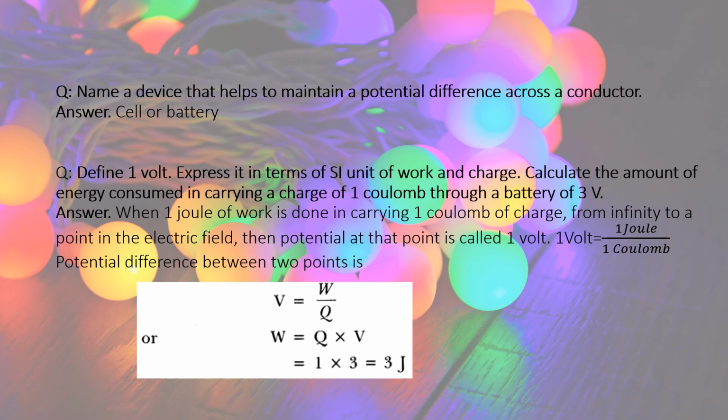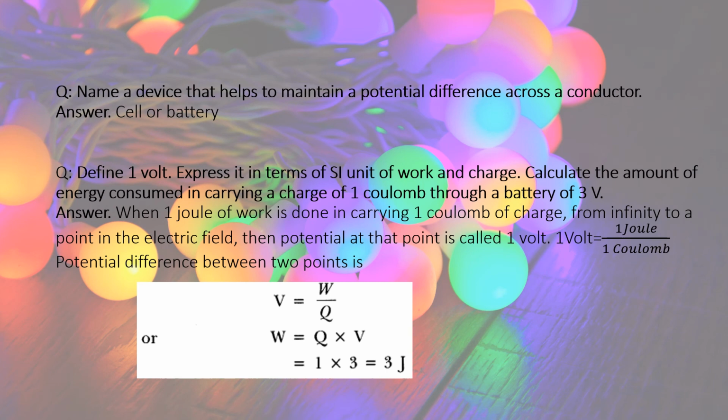First you have to define what is 1 volt. 1 volt is equal to 1 joule by 1 coulomb, or we can say when 1 joule of work is done in moving 1 coulomb of charge from infinity to a point, then the potential at that point is 1 volt. We have to express volt in terms of SI unit of work and charge. So 1 volt can be written as 1 joule by 1 coulomb.